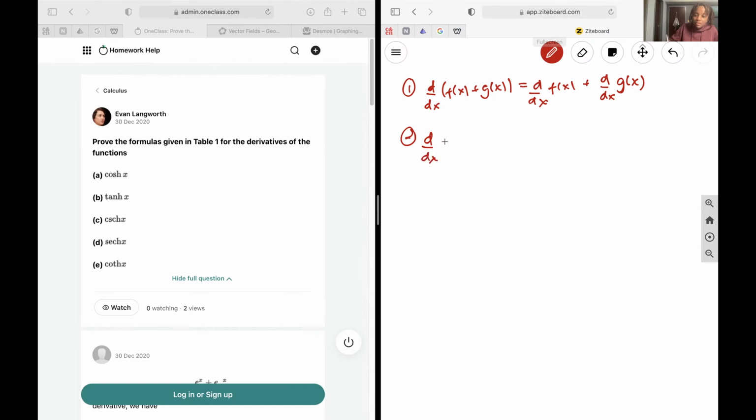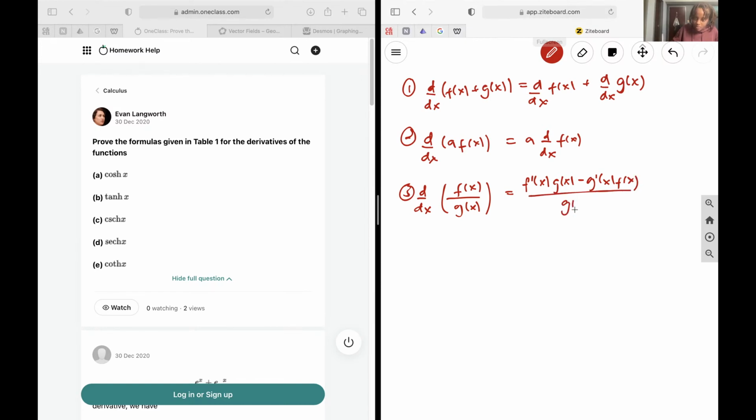Two, the derivative of a constant multiplied by f of x is the same thing as if I pulled out that constant. And lastly, the quotient rule. And this will all be over g of x squared.